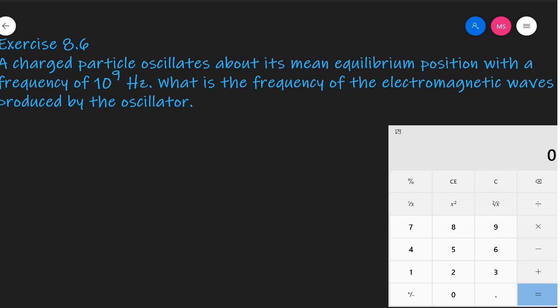Unsolved example 8.6. A charged particle oscillates about its mean equilibrium position with a frequency of 10 raised to 9 Hz. What is the frequency of electromagnetic wave produced by the oscillator?